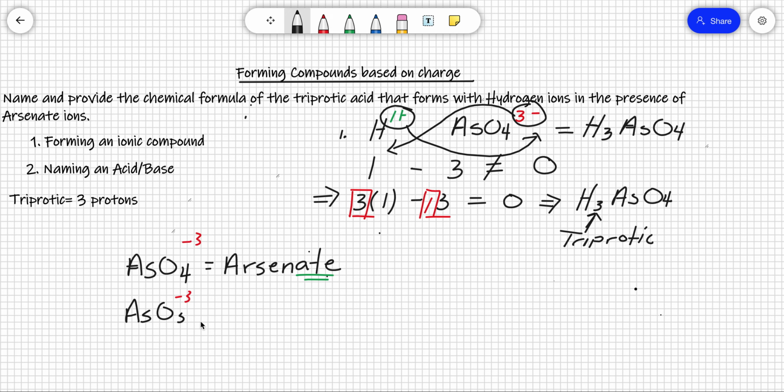But their names are different because what dictates their name is the number of oxygens. So I want you to pay special attention to this one also. Remember, they both carry a -3, they both carry arsenic, and they both carry oxygen. What's different, and I want you to pay attention to that, is the number of oxygens. The one with the most oxygens is going to carry the ATE ending. The one with the least oxygens is going to carry the ITE ending.